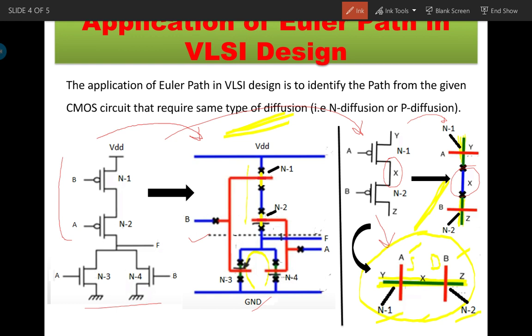So a single diffusion is used for all those transistors rather than a metal contact between different diffusions of the same type. Now let us see another example and draw the layout using the Euler path.